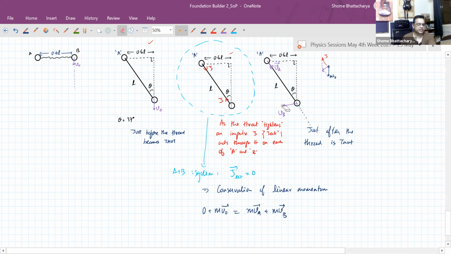So in fact, we will see that the direction of B's velocity after impact is going to be something like this, or something like this.